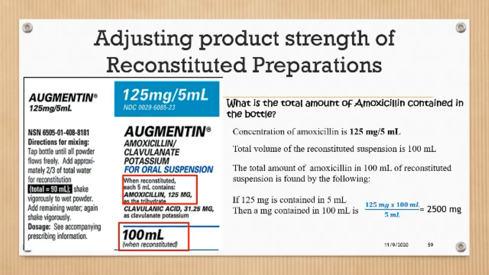Okay? So once you can determine the amount of drug that is contained in a particular volume, then you can determine the total amount of drug that would have been in that one bottle, which is quite useful, as I have said before.